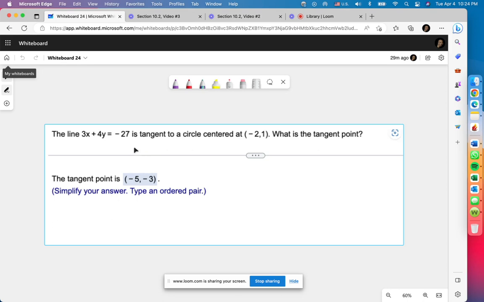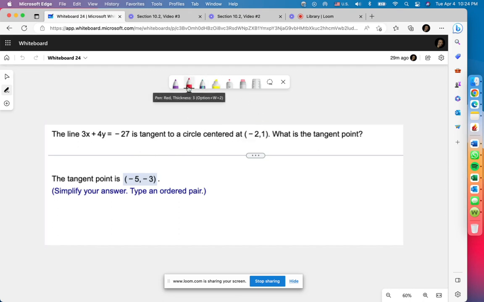All right. It says line 3x plus 4y equals negative 27 is tangent to a circle centered at negative 2, 1. What is the point of tangency? And that's the answer, but that doesn't help us. So I want you to visualize some circle and a line that's tangent to it.